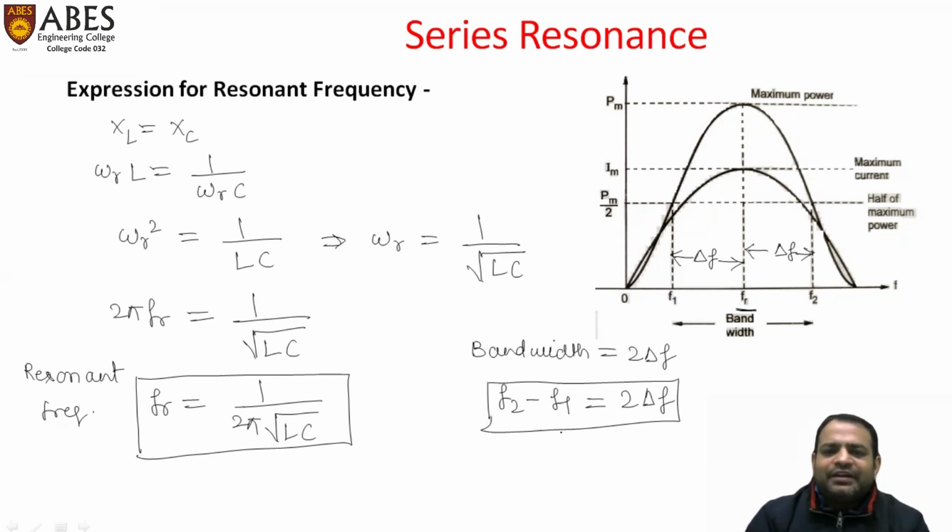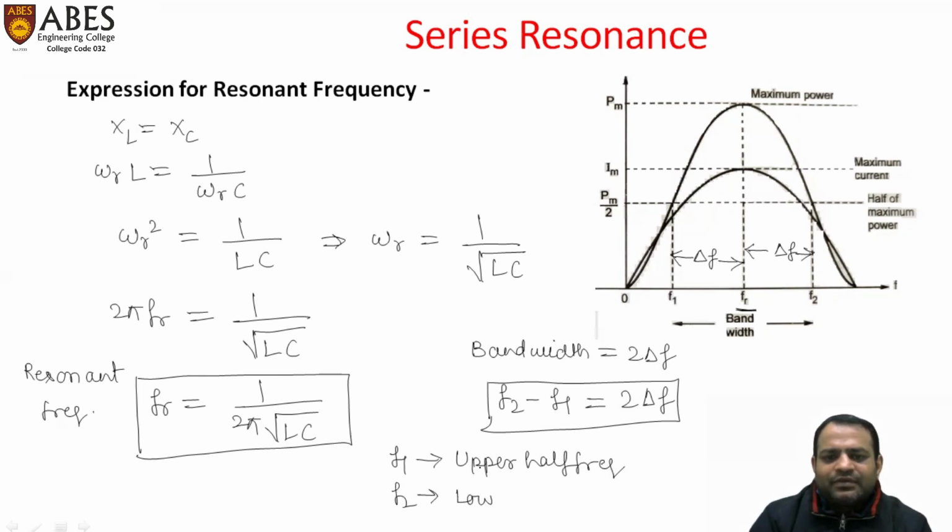So what is F1 and F2? F1 and F2 are cutoff frequencies. F2 is the upper half frequency.